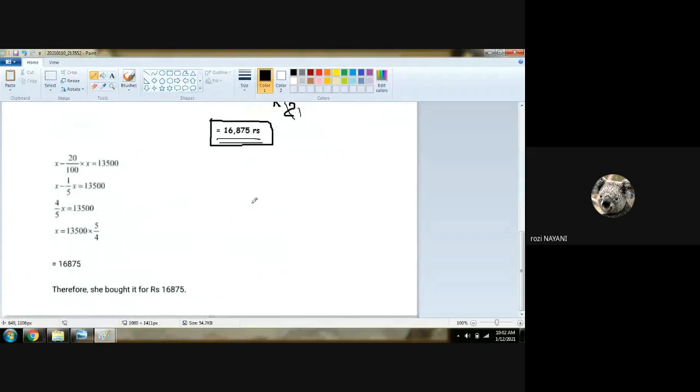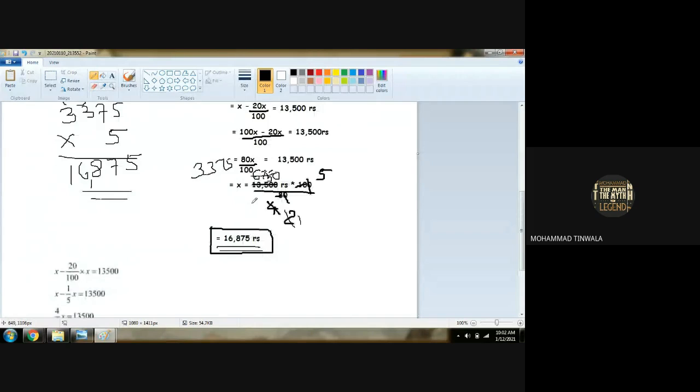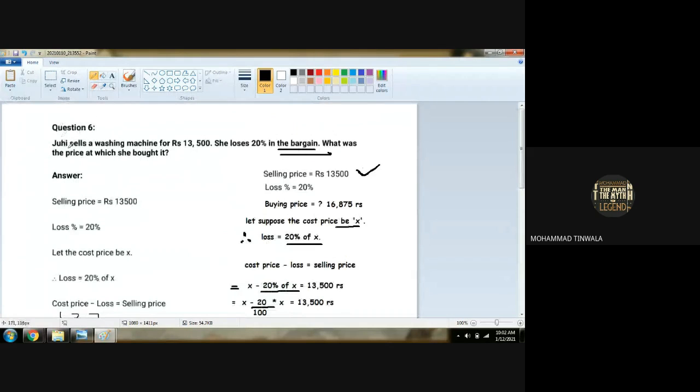Again I am repeating. Jui sells a washing machine for rupees 13,500. This 13,500 is our selling price. Okay? Second thing, loss. She made a loss while bargaining, she made a loss of 20%.